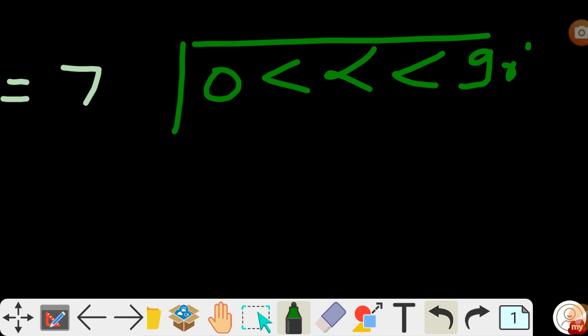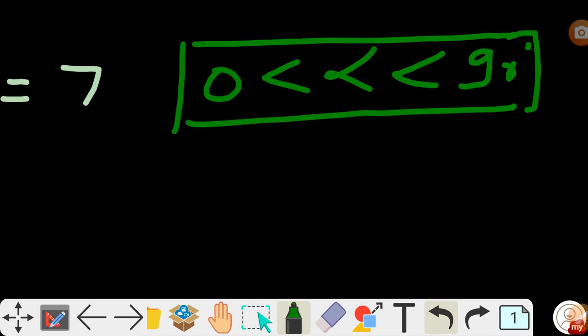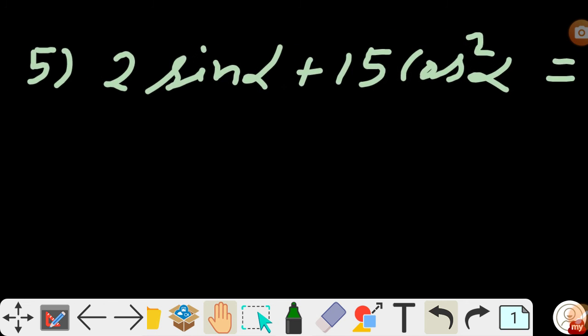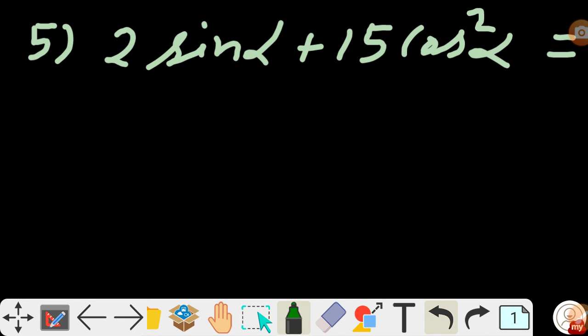This is the condition given here. So find the value of cot alpha.